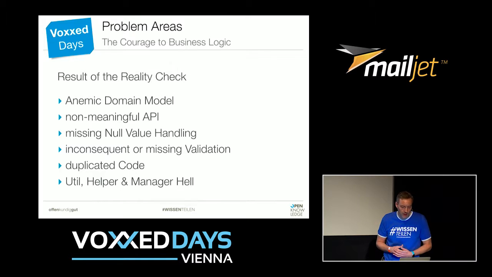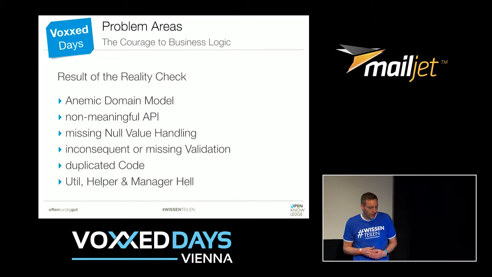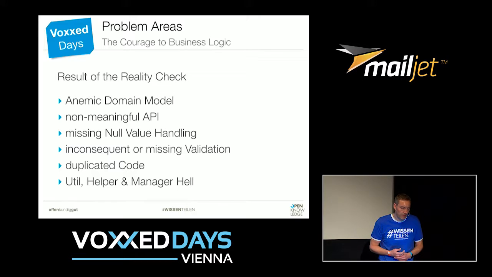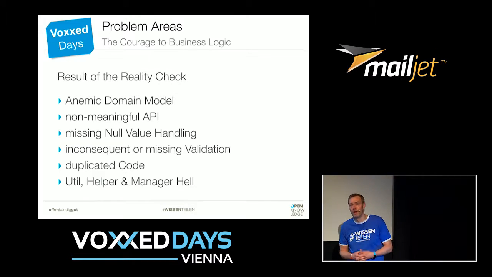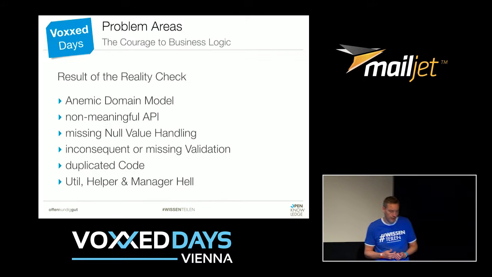First of all, what we find very, very often is a kind of anemic domain model. Anemic means you have a POJO with some attributes and some getters and setters, but not any domain model specific logic.